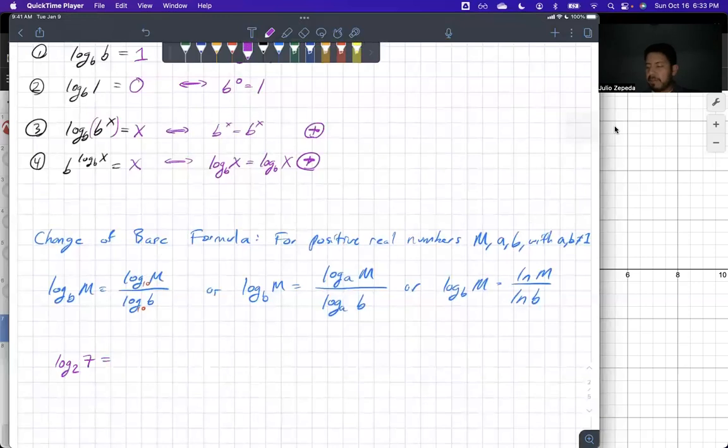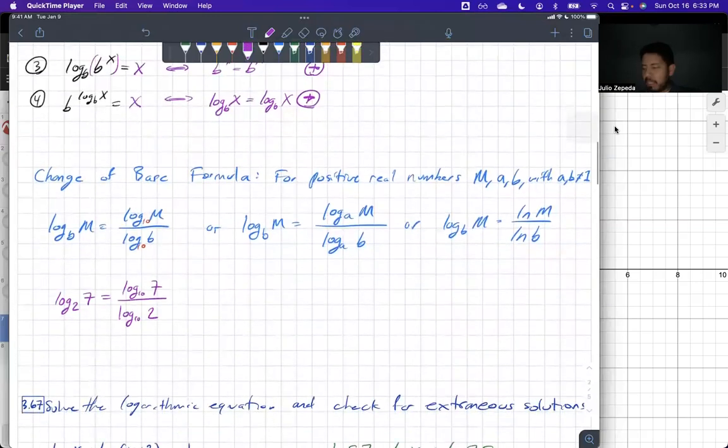So I could not figure this out without the change of base formula, even if I had my calculator. The change of base formula tells me I can write log base 2 of 7 as the log base 10 of 7 divided by the log base 10 of 2. Pretty cool. You can just write the logarithm of the argument divided by the log of the base.